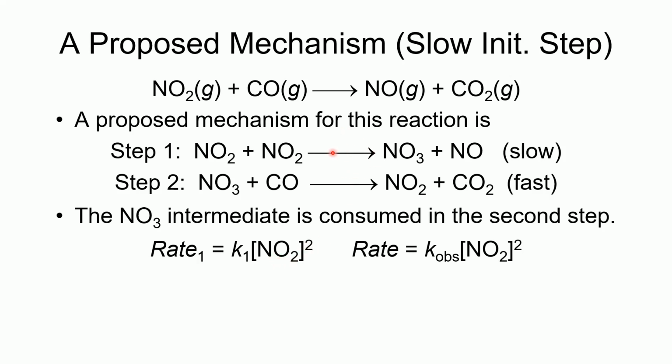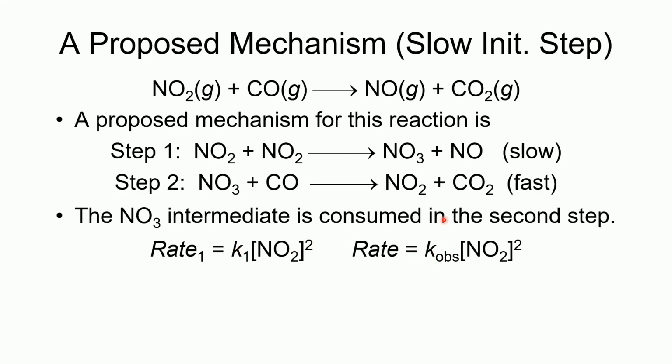And so that is going to be our slow step, and you'll see again it forms NO3 plus NO. And then once that NO3 is formed, it reacts quite quickly with the carbon monoxide to give us the carbon dioxide. So our proposed mechanism has this as a rate law, and this is our observed rate law.